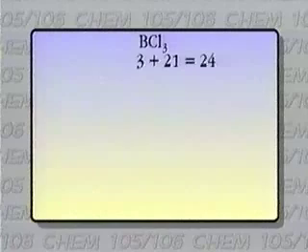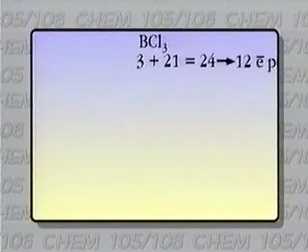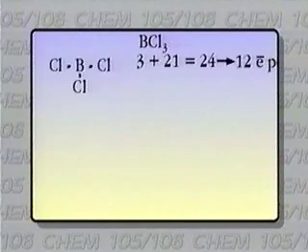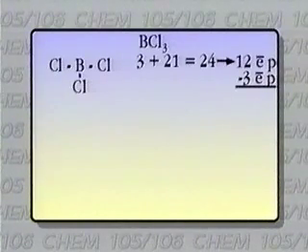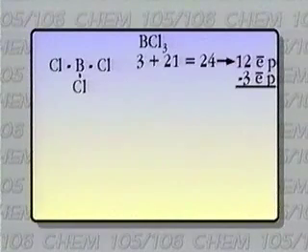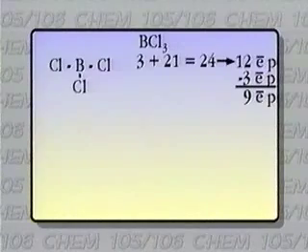So we had 24 or 12 electron pair. And we started then, we hooked each chlorine to the boron. So we used up 3 electron pair. And that left us with 9 electron pair to work with.